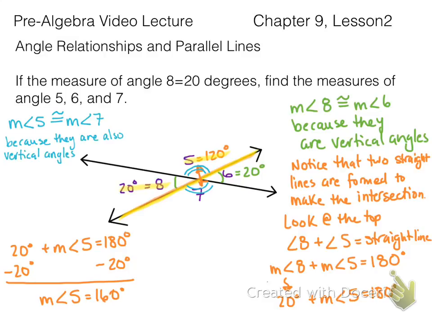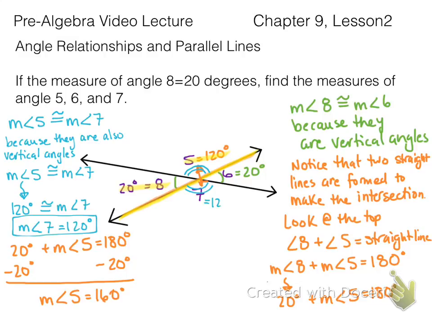That means the measure of angle 7 is also 120 degrees. So we have all of our answers, because they wanted us to find the measures of angles 5, 6, and 7. The measure of angle 5 is 120 degrees, the measure of angle 7 is 120 degrees, and the measure of angle 6 is 20 degrees.